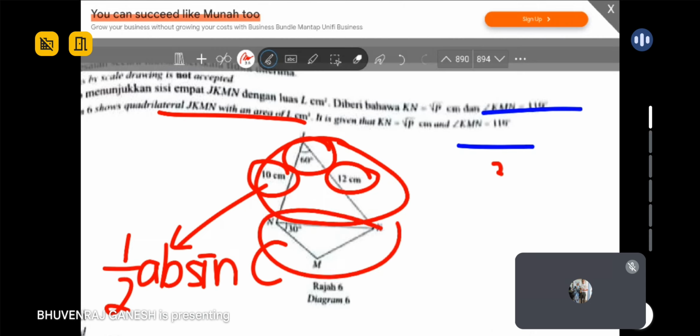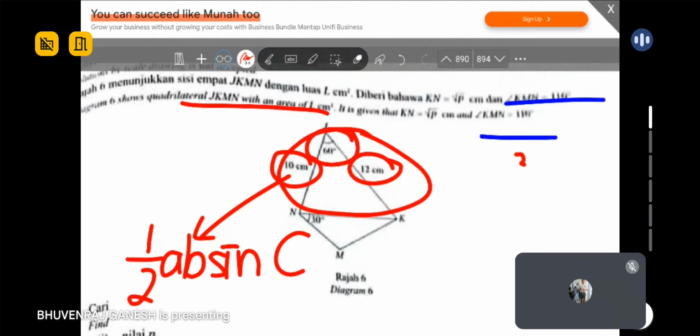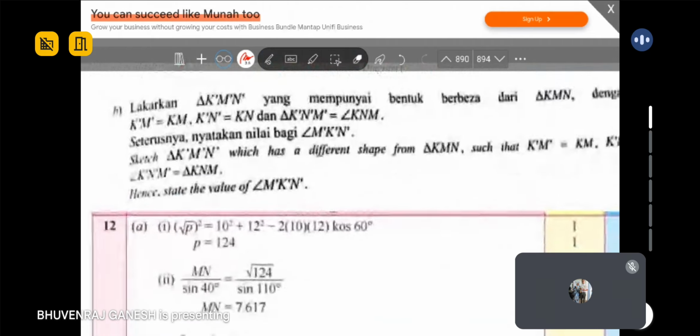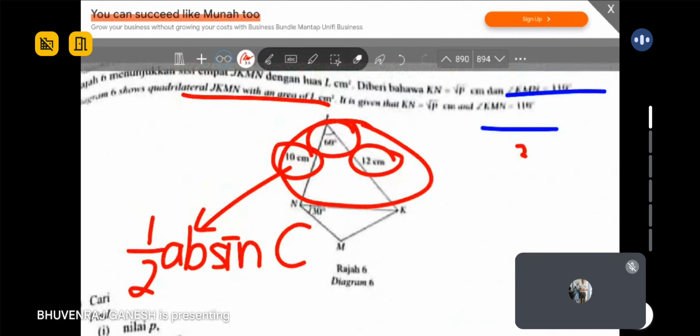Okay, you can now get the area. So now this one, we don't have much information. But we already got the P value. Am I right? Your P value is 124. So this one is square root 124. Okay, so now this one is 110. So you can find its area.